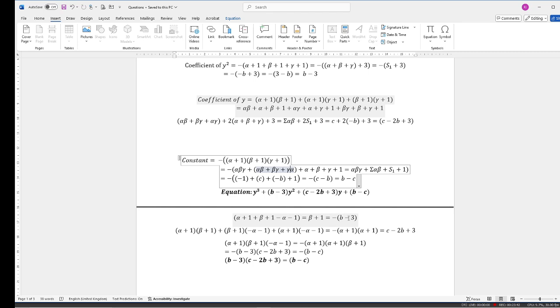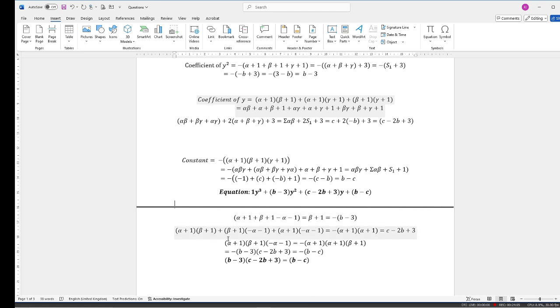And that is negative b minus 3, which is negative b over a being 1. So I'm going to plug that in. We're going to get negative b over a, which is negative b minus 3. I'm not going to evaluate this into 3 minus b yet. I'll tell you exactly why.